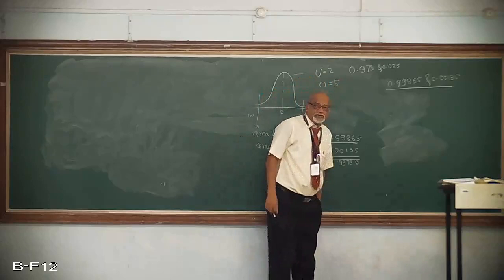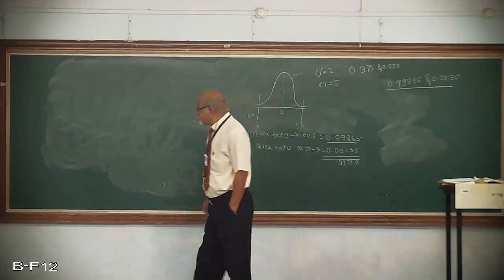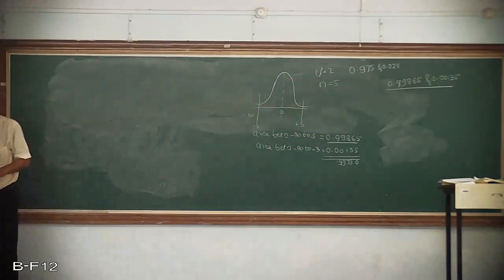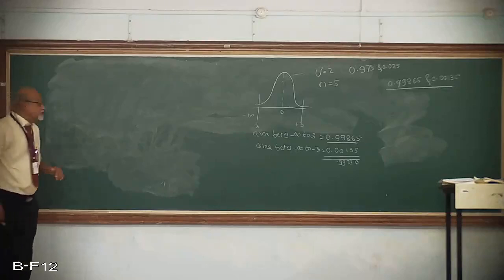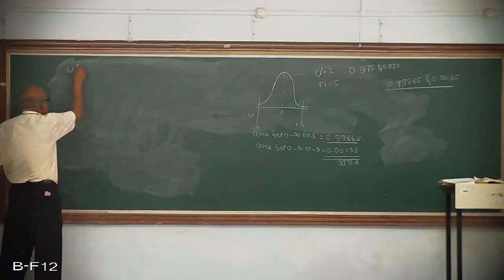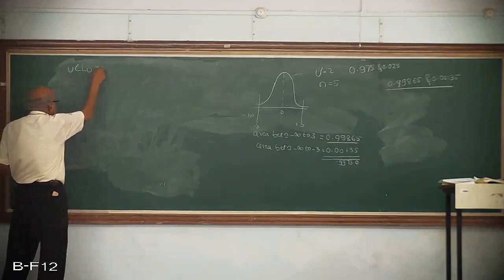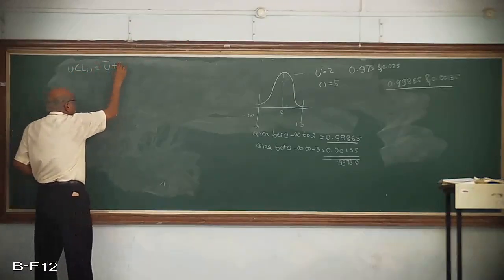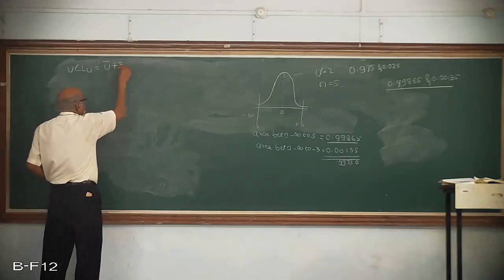That is why I have told you, because if you look at it in general, he uses the U chart, that is, the defects per unit. So the upper control limit of the U chart, we know, is equal to U bar plus 3 sigma, that is, 3 times the square root of U bar by n.